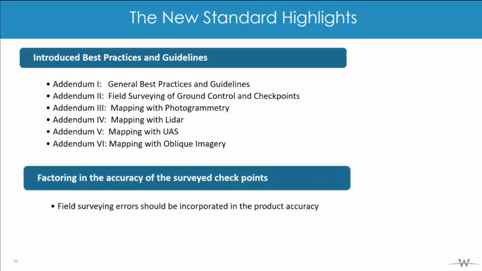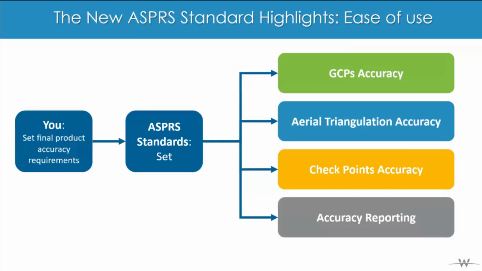And we introduced in the latest one a total of 6 addenda: one for general practice and guidelines, one for field surveying, ground control and checkpoints, one for mapping with photogrammetry, an addendum on mapping with LiDAR, an addendum on mapping with UAS, and an addendum on mapping with oblique imagery. And the big thing we moved to now is factoring in the accuracy of the survey checkpoints. We'll talk more about it soon.